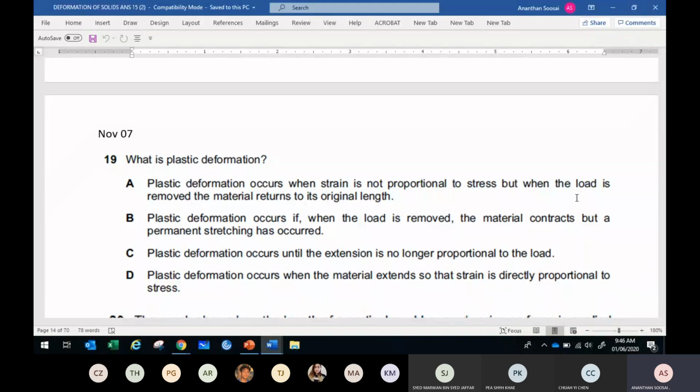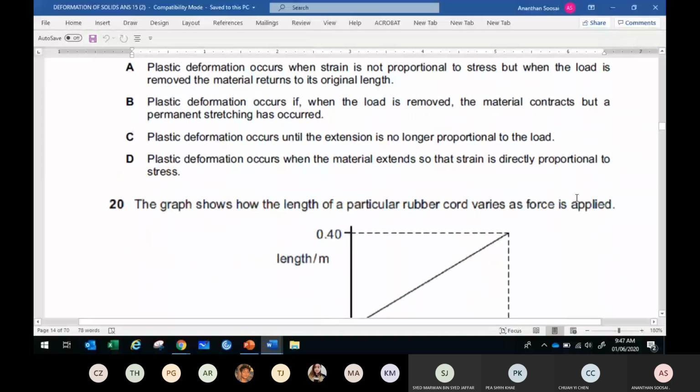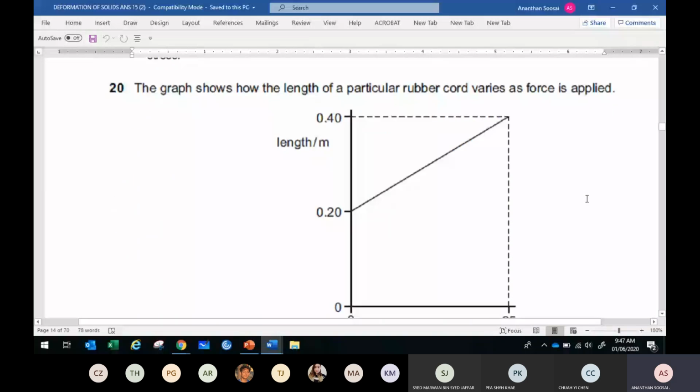No. From the limit of proportionality to the elastic limit, the extension is no longer proportional to the load, but it could still be elastic deformation. So C is not necessary. D: plastic deformation occurs when the material extends to a strain directly proportional to the stress. That is still elastic deformation, not plastic. So B is the answer.